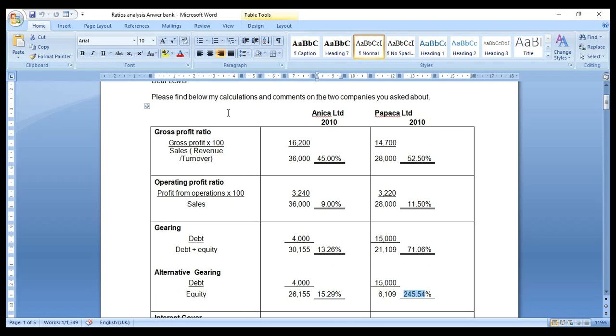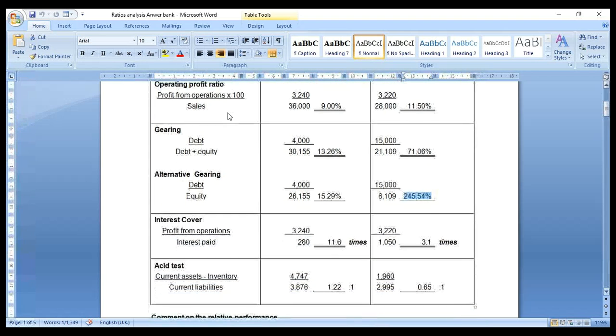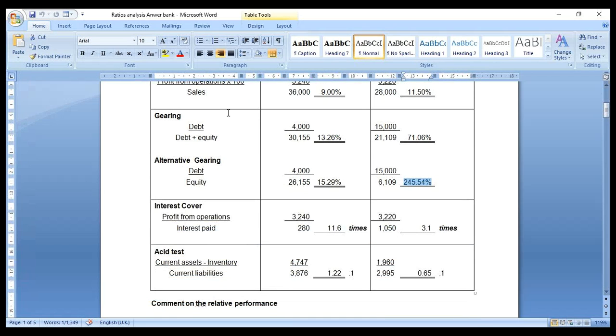But in Paprika, it's 245%, so it means we own nothing. All the investment is from outsiders. It's more risky.